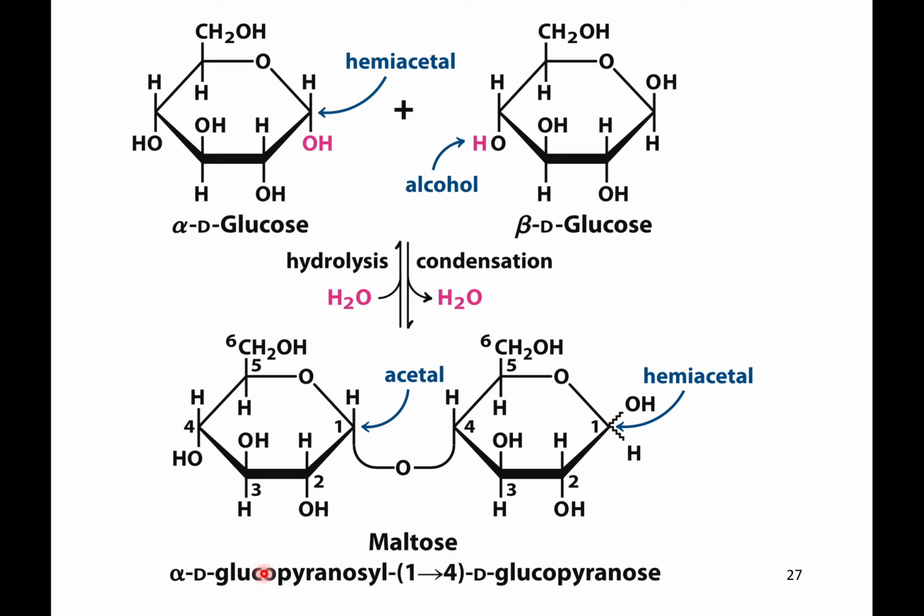Glucose meaning glucose, pyran meaning a 6-membered ring, and osyl meaning you have a glycosidic bond there. And then you would indicate what that bond is, between what carbon. On this monomer, it's between carbon 1, and then you draw an arrow to the carbon it's attaching to on the next sugar, which would be carbon 4. And this sugar is D-glucopyranose.